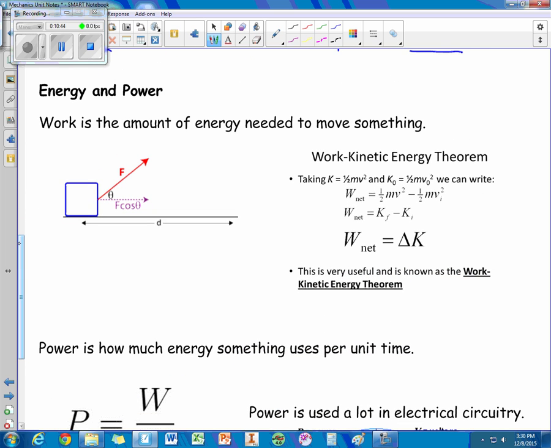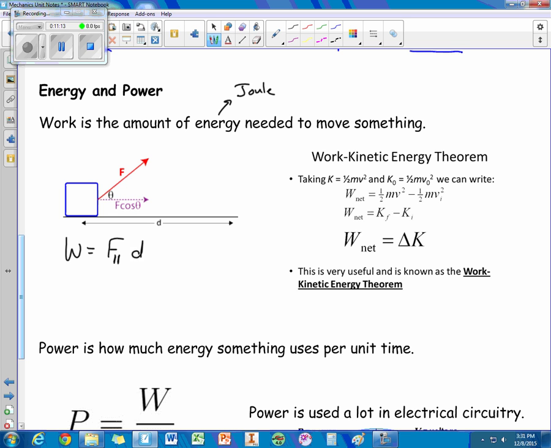All right, energy and power. Work is how much energy is needed to move something. So work, which we measure with the joule, energy is always measured in joules. Work equals a force times a distance, but this force must be parallel to the distance.